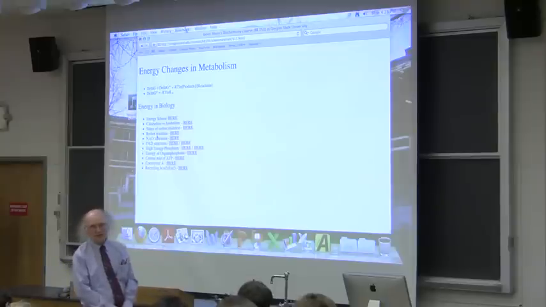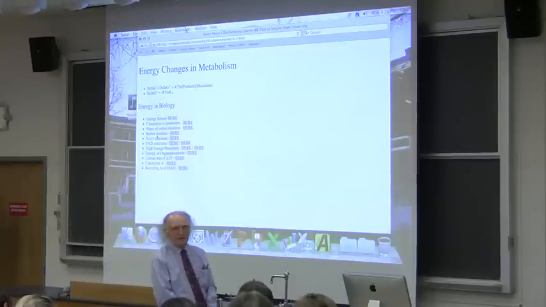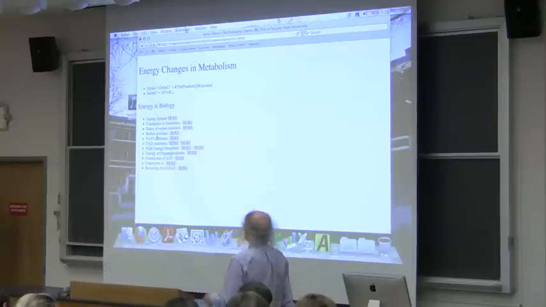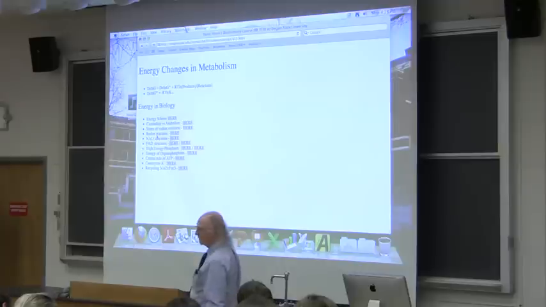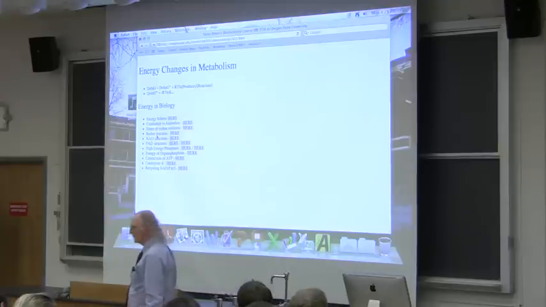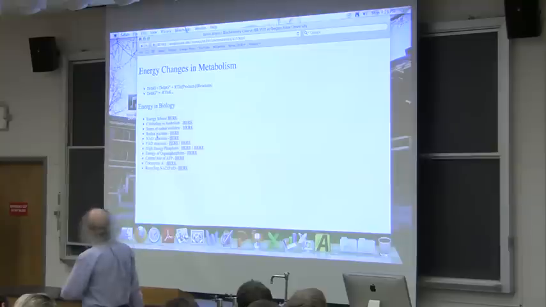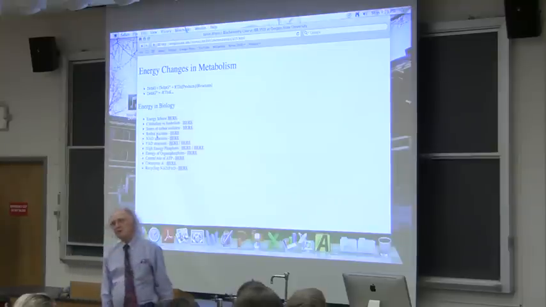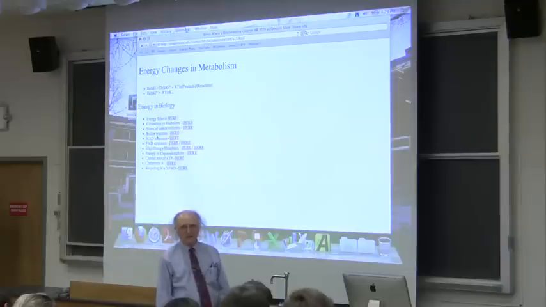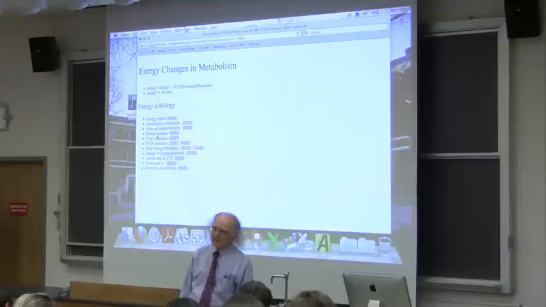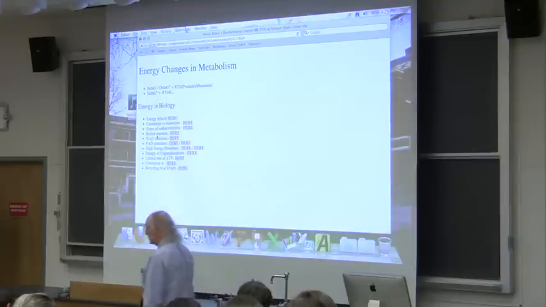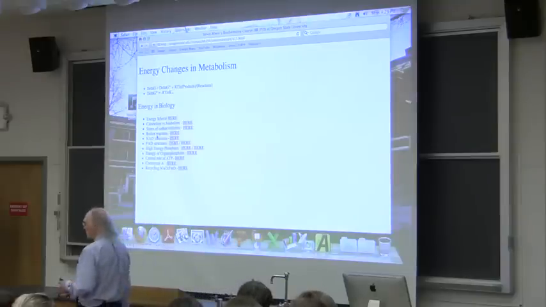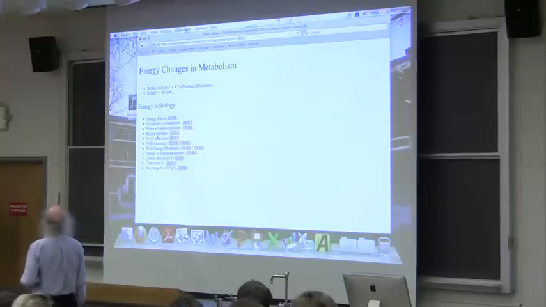This equation is very, very similar. Instead of a log term, which is a log base 10 term, we have a natural log. But the principles are still the same. That is, if this ratio is greater than 1, the log term is positive. If the ratio of products to reactants is less than 1, the log term is negative. Exactly like we saw with the Henderson-Hasselbalch equation.